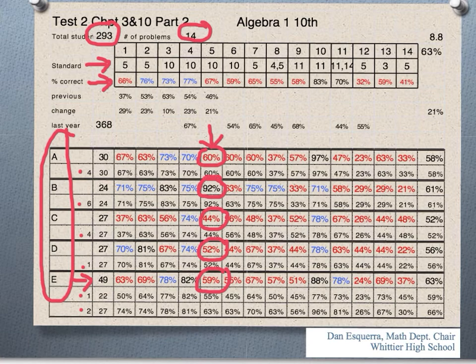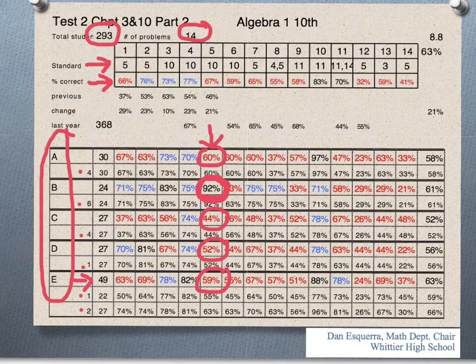So what this might bring up is to ask teacher B how he or she taught this standard. In this case, it's standard number 10 as noted in the chart. But what were the instructional strategies used? Because clearly teacher B achieved much higher mastery of this standard than the other teachers in this group.